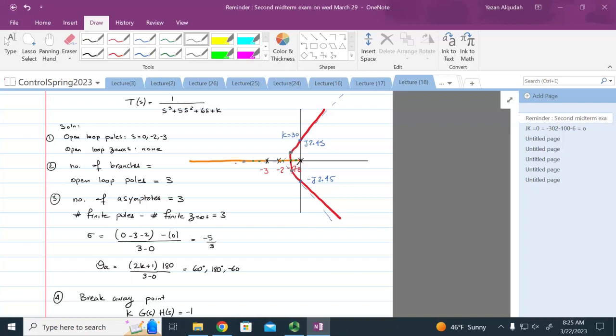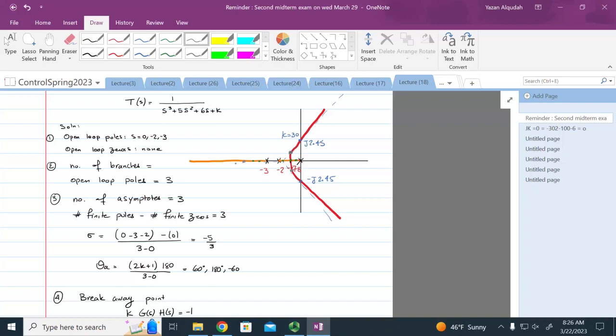What is the order of the response of this system? Second or third order? Third order. It is third order. But why did we approximate it with the second order?